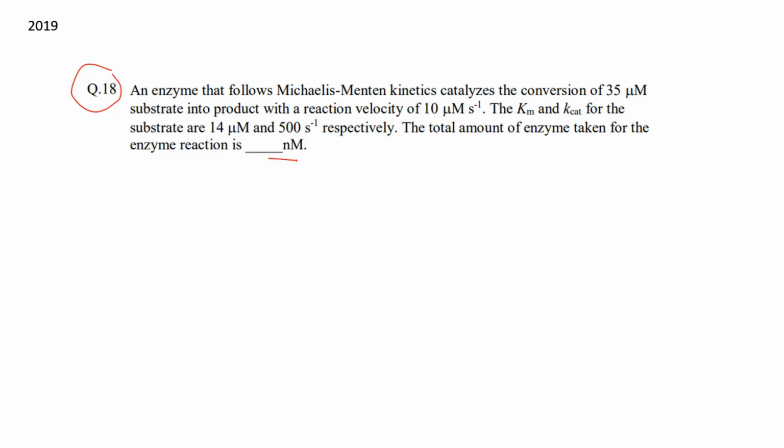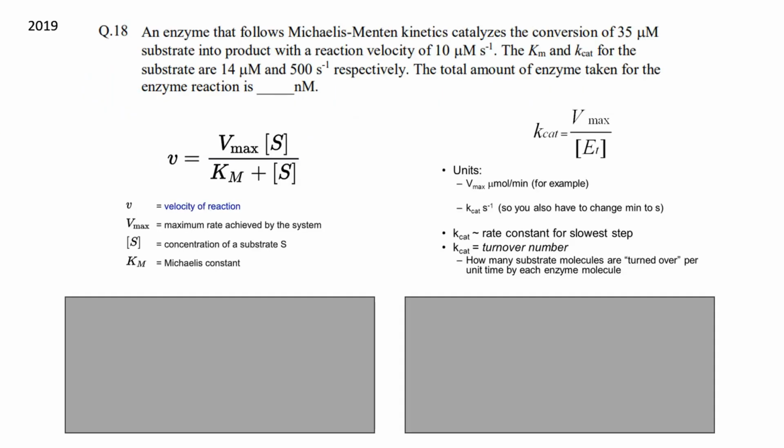Nanomole. So I've already explained the norm. The normal Michaelis-Menten kinetics equation is this, where the reaction velocity is equal to Vmax into substrate concentration divided by the sum of Km and S, where S is the concentration of the substrate and Km is the Michaelis constant.